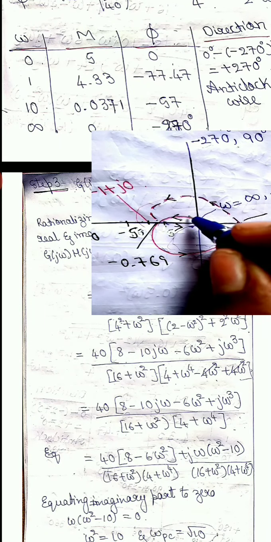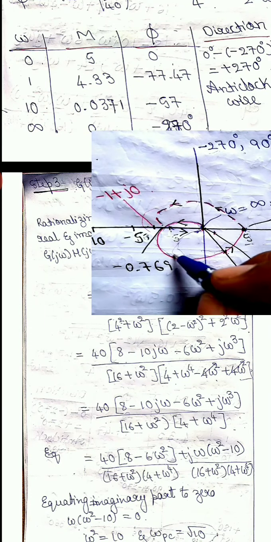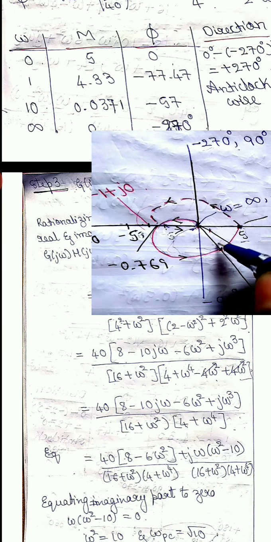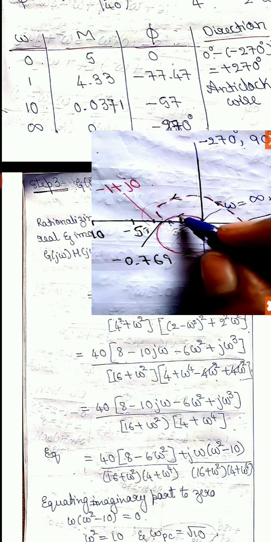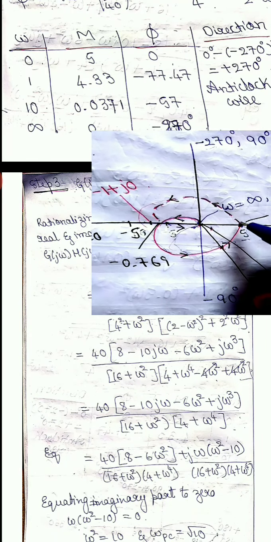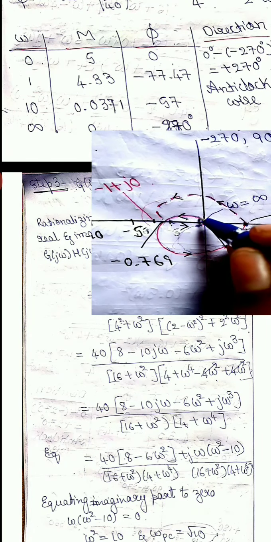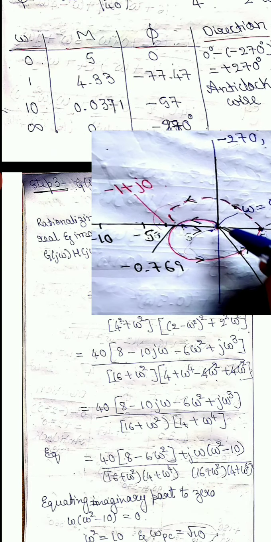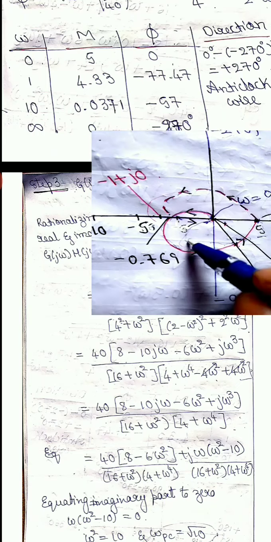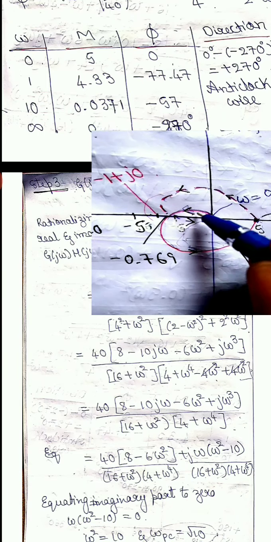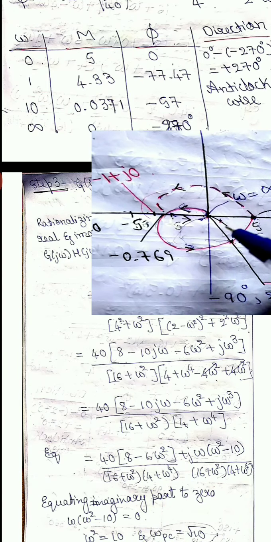Anti-clockwise means from infinity to 0, like this. Always 0 to infinity we will mark, and direction we will calculate. If it is anti-clockwise, you should draw anti-clockwise like this.